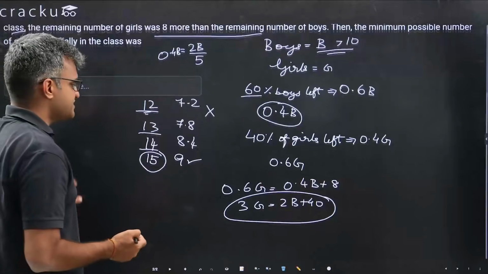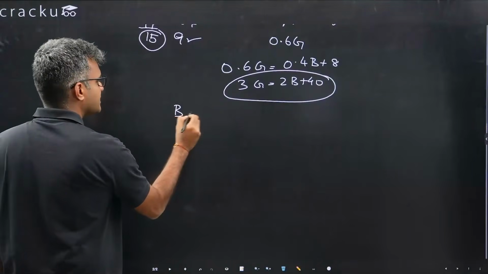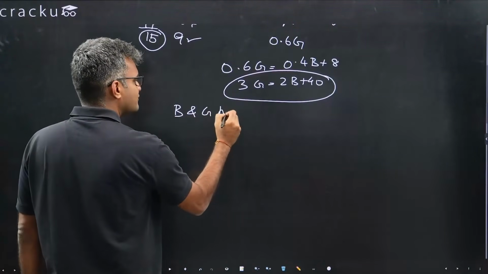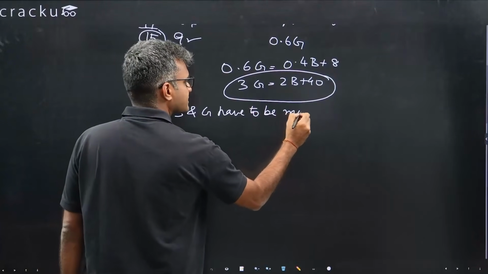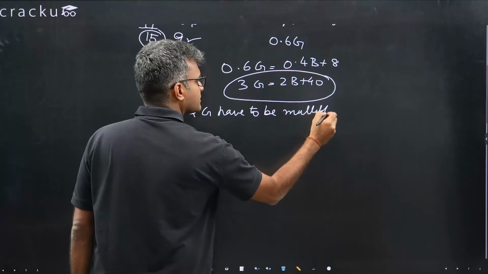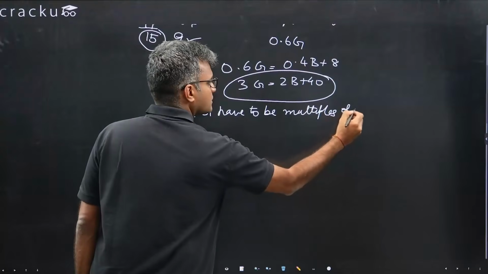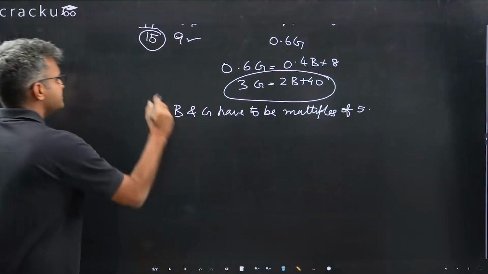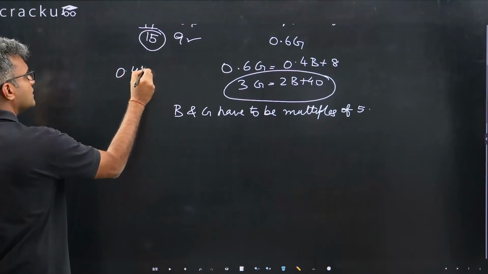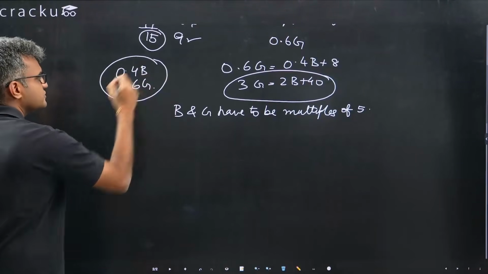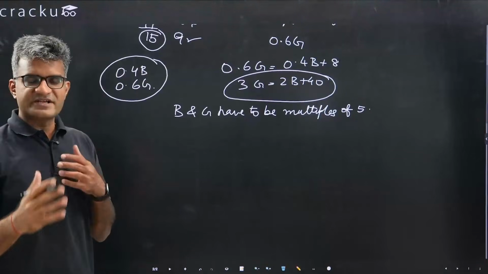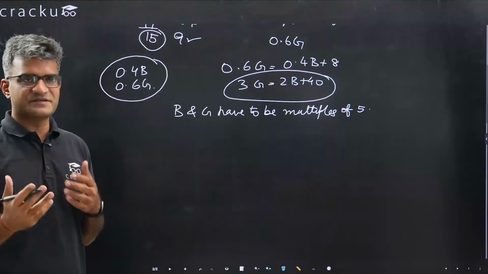So what we are essentially saying is that B and G have to be multiples of 5. Otherwise, 0.4B or 0.6G, these things will not be integers. So we will be talking about fractions of human beings, which is absurd.